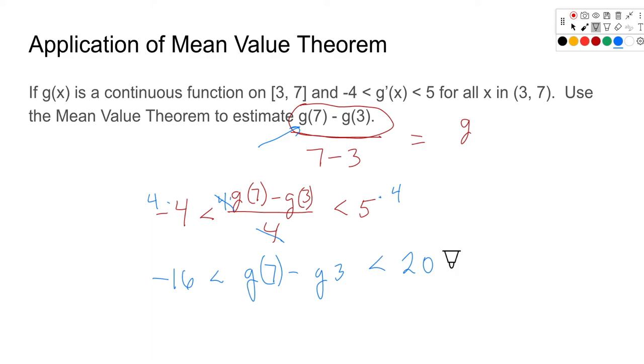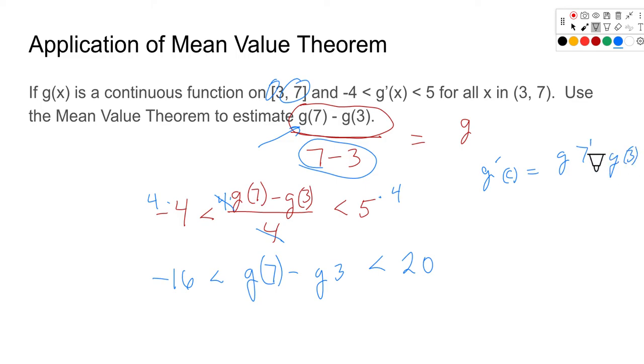Why is g of 7 minus g of 3 over 4? Because x is 7 and 3, so 7 minus 3 is 4. Remember, the mean value theorem says that the derivative of g at some point has to be equal to the average rate of change.